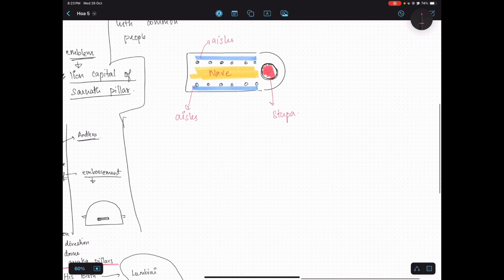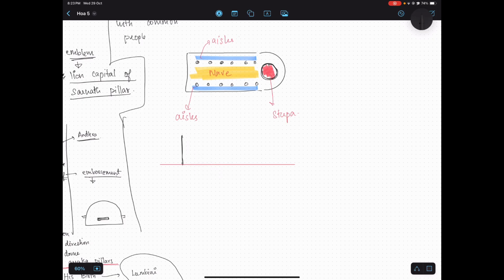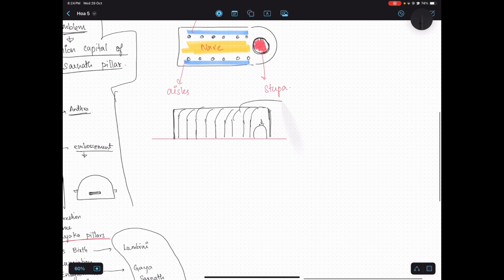If you see a cross section, so this was a barrel vault.